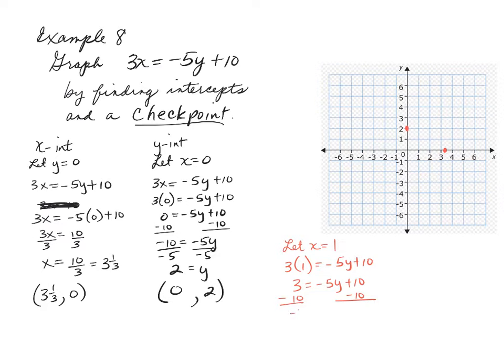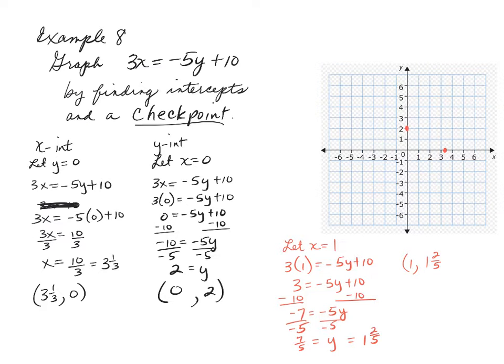So that's -7 equals -5y. Divide by -5. So y equals 7/5, which is equal to 1 and 2/5. So our x is 1, y is 1 and 2/5.